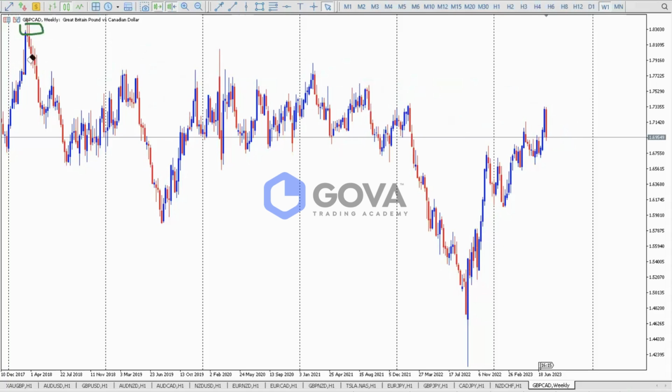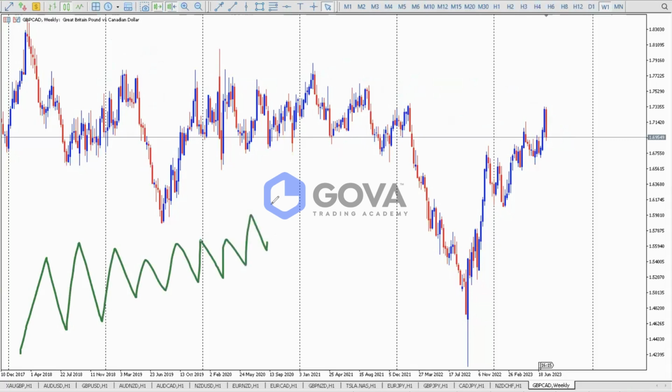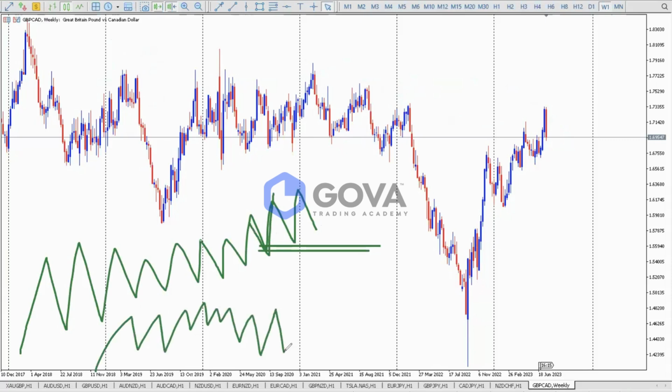So if this is the market structure on a lower time frame, and in this type of structure we are expecting the price to respect this rally-based drop situation, then why shouldn't we expect a structure like this on a higher time frame to be respected, like on the weekly time frame?